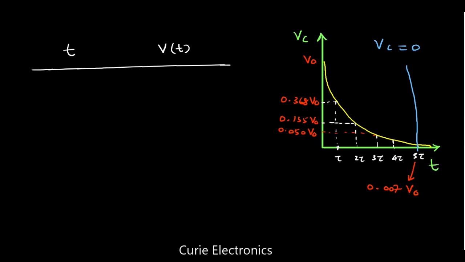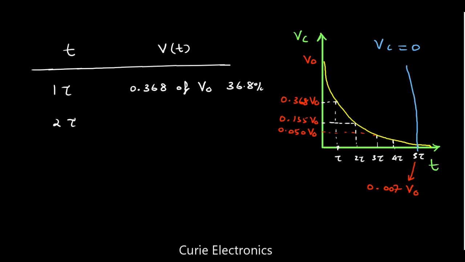With the one time constant, one tau, after one time period, what happens? How much is the voltage? That is 0.368 of V0. That means 36.8% of V0. With the two time constant, what happens?